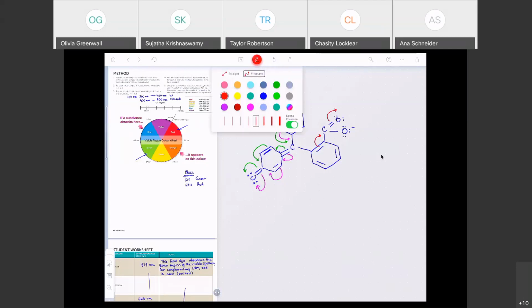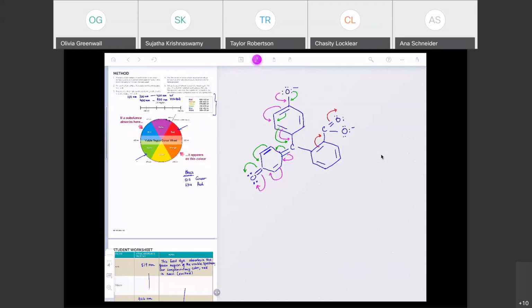Okay, let's look at another one. So I have the pink, the green, the purple, and the red. Those are all different ways the electrons can move. So what we have is, the key word is extensive delocalization.